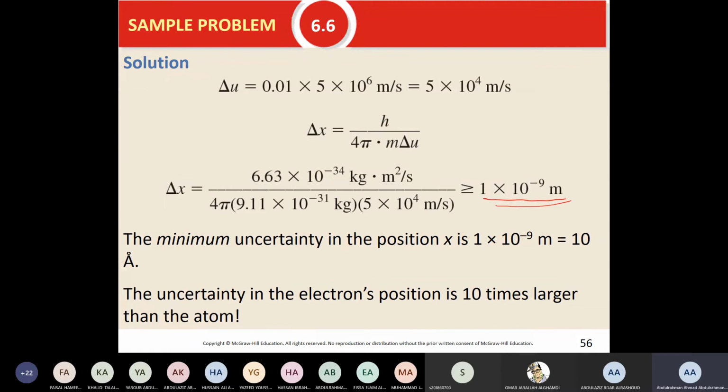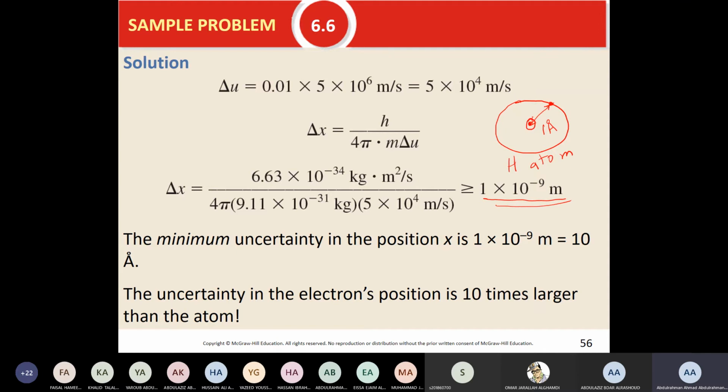Okay, and in here, the error, the nucleus of the atom of hydrogen. The distance from the nucleus to the electron in the hydrogen atom is 1 angstrom.